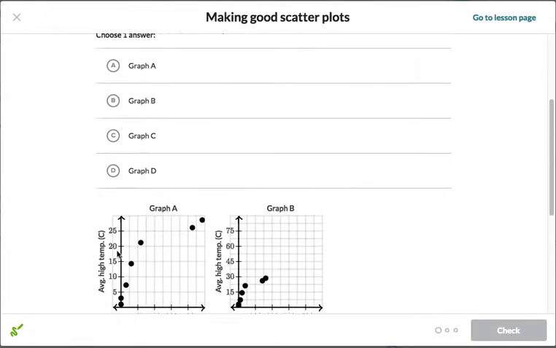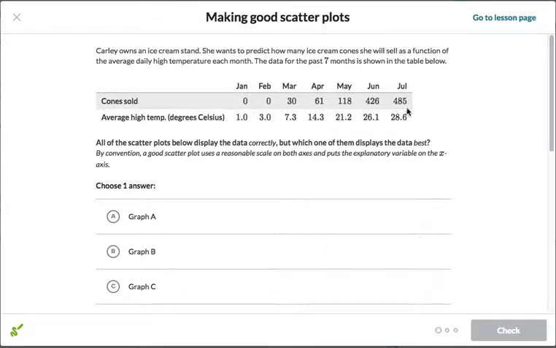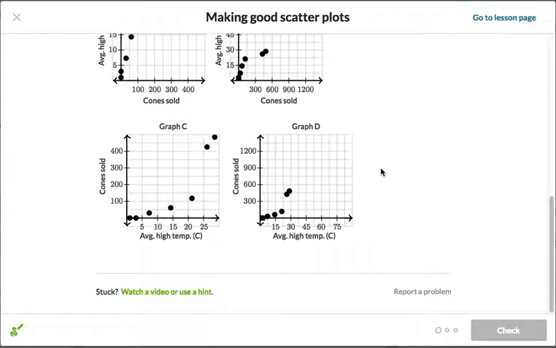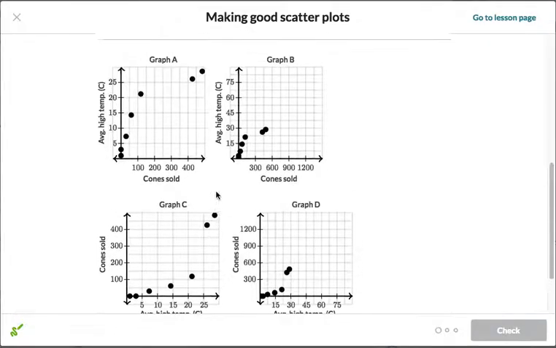The reason being that you've got your maximum and your minimum of this data, and those are the roundings of those two data points. So this graph D does not make sense in terms of that scale, just because the scale is way too large and your data is all crunched up in here. Okay, so graph C would be a good scatter plot.